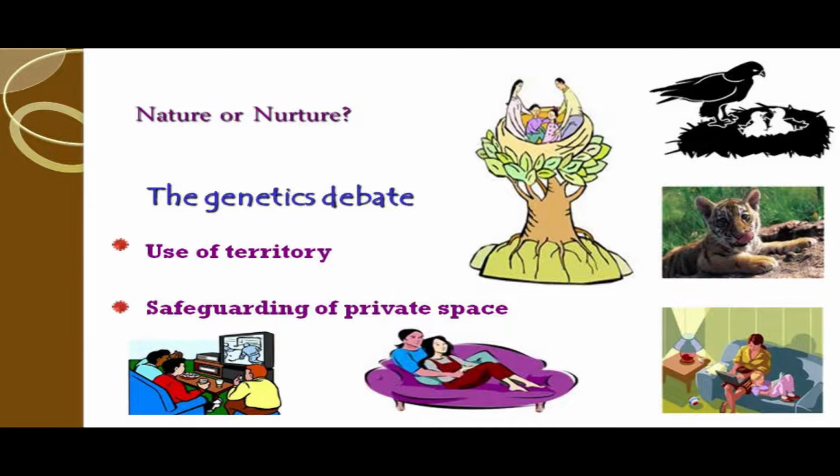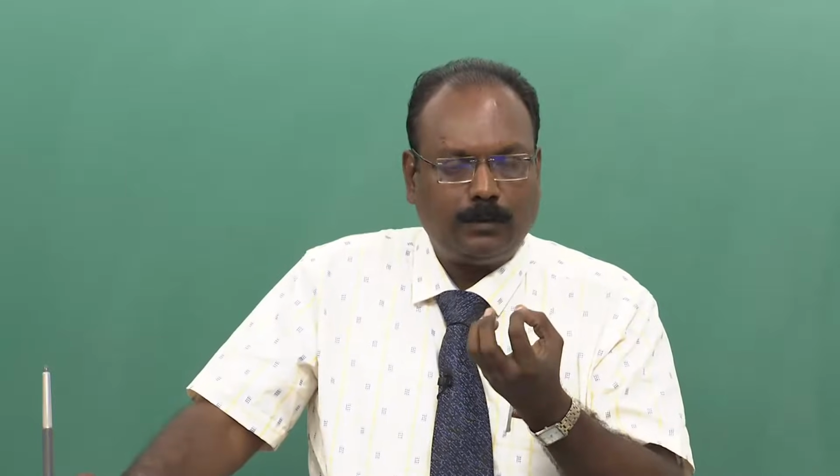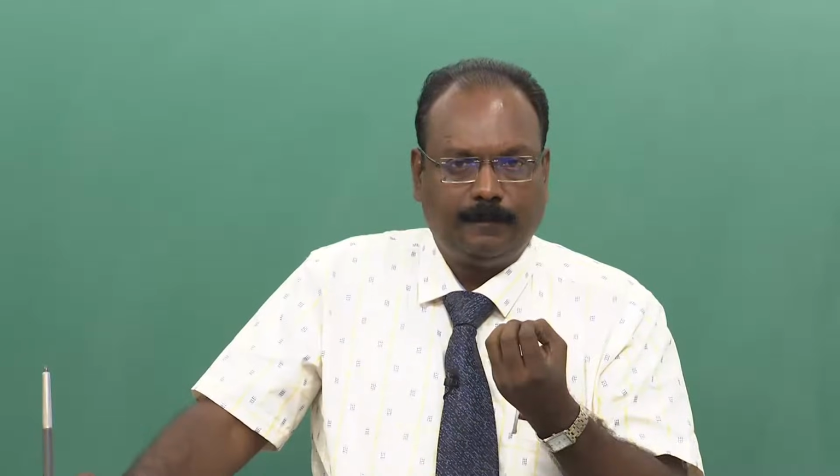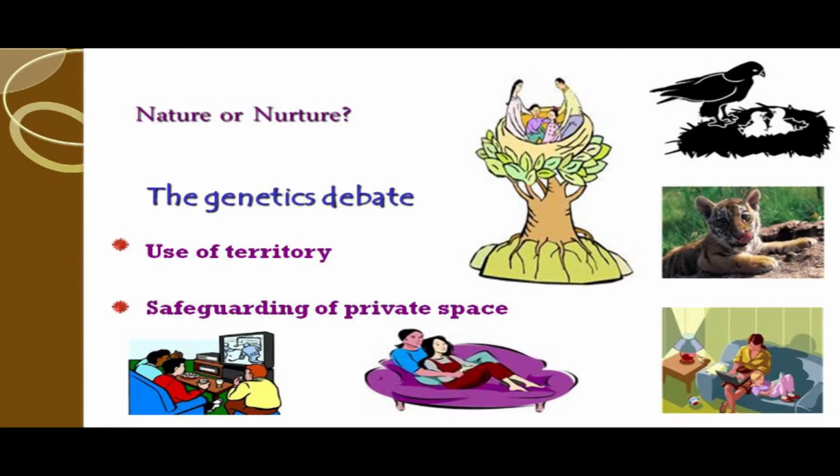Our home is our nest. Okay, just like the birds go and sleep in their nest, we go and use our home. And we protect it from enemies. We protect it from any other outside sources, external things, and we safeguard within our home our own private space.